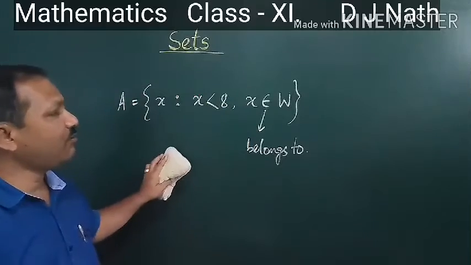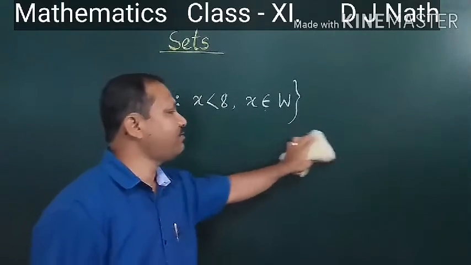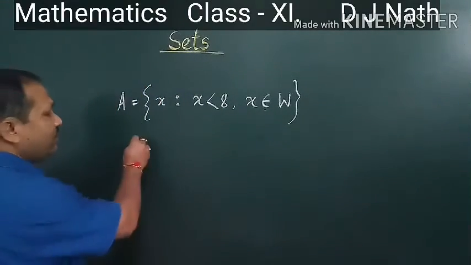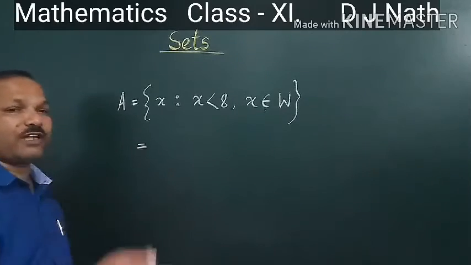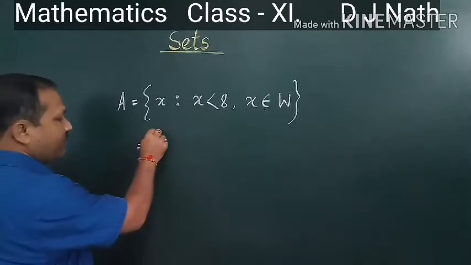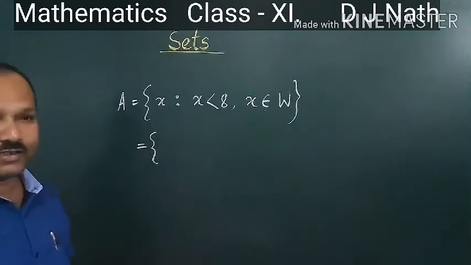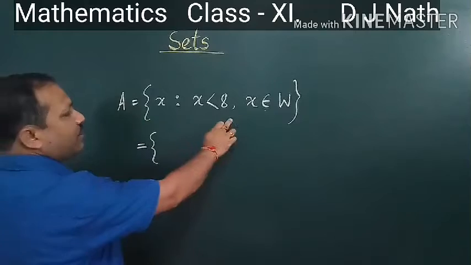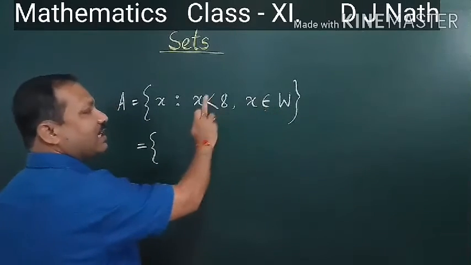Okay. Now how can we convert this set builder form to roster form? If you want to write it in roster form, how can it be represented? Roster form means we will write the elements of that set. So what are the whole numbers less than 8?